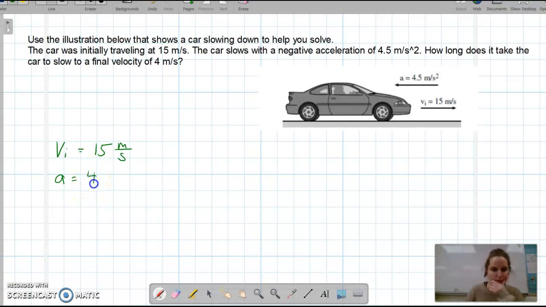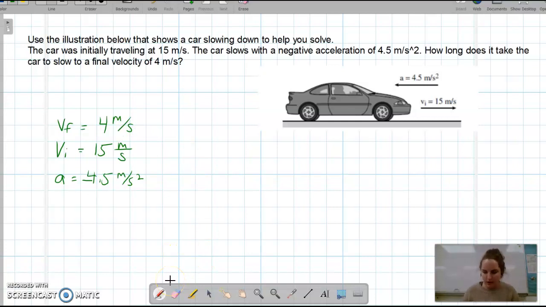And I'm sorry, it's a deceleration, so that's negative 4.5 meters per second squared. I didn't put that in there. The final velocity, VF, would be 4 meters per second.